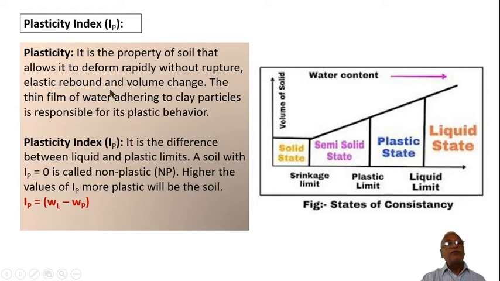Without rupture, without elastic rebound, and without volume change. That is what is plasticity. If it rebounds back, it is elasticity. So in plastic state, it doesn't come back if you give a deformation.